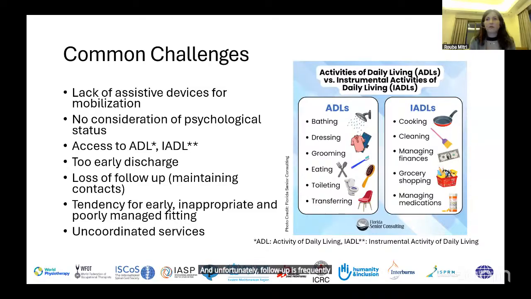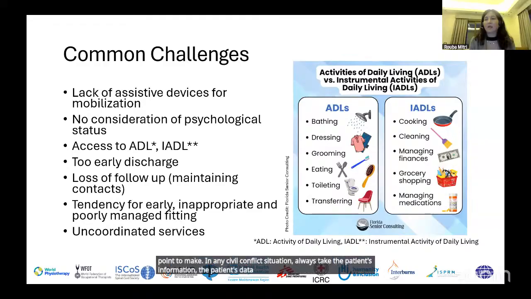There's an important point to make. In any conflict situation, always take the patient's information, the patient's data. You never know when you need to refer him to a certain service that he needs. So very important, the patient's information.